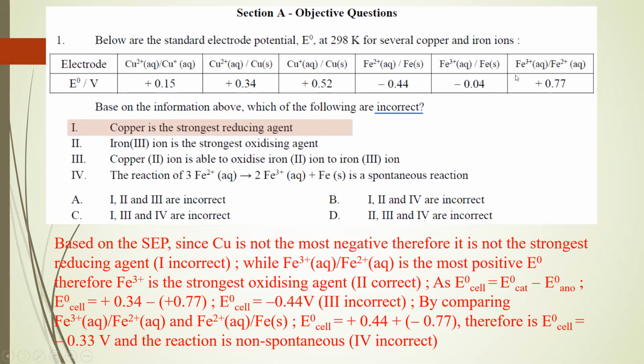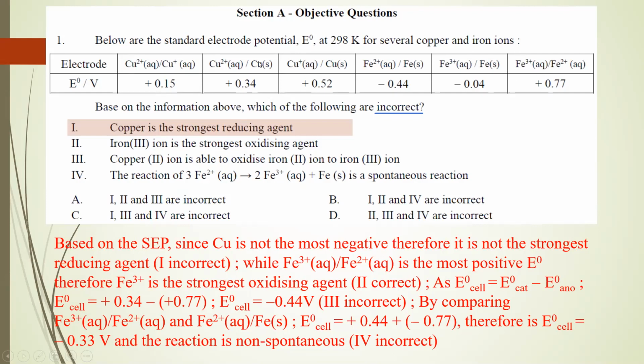So there are 2 ways in here, because we can look from 2 angles. Either we look from the angle of Cu2+ to Cu, and then Cu2+ to Cu+. So you do both of them. In here you have to reverse.